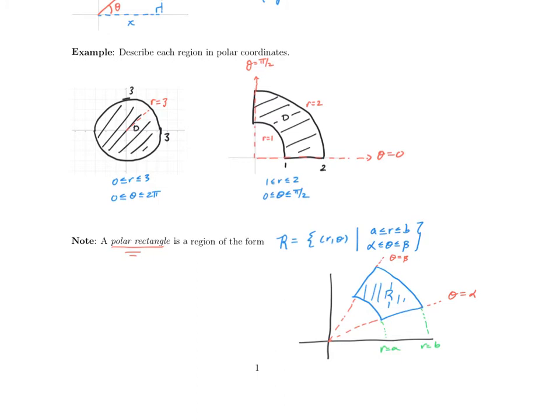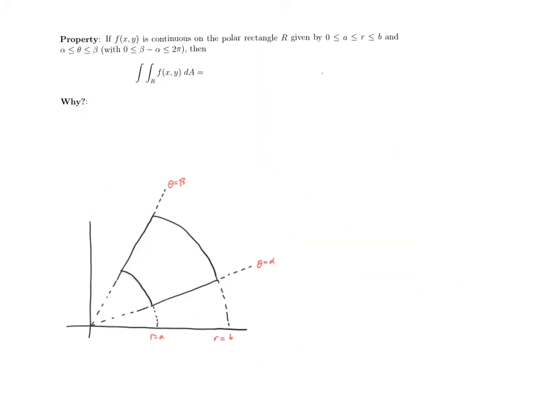And it turns out that, much like we experienced with Cartesian coordinates, double integrals over rectangles are the ideal scenario for us to work with. So let's think about how that would work in polar coordinates. So the following property is going to indicate to us how we can evaluate a double integral over a polar rectangle.